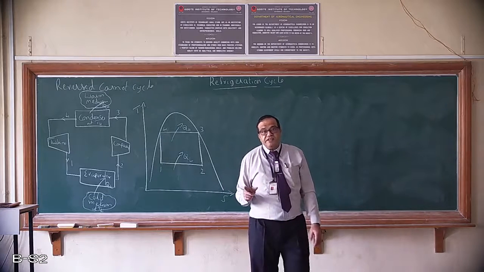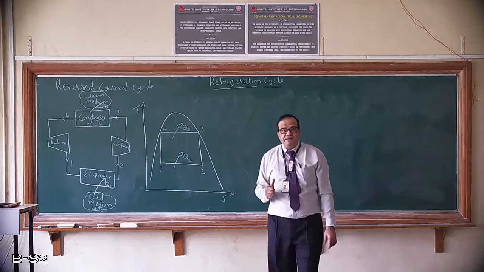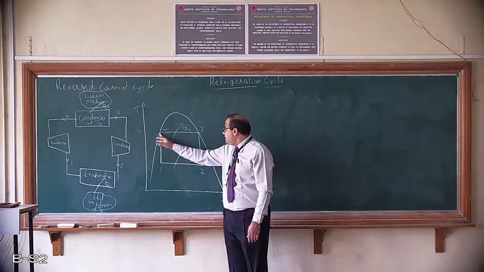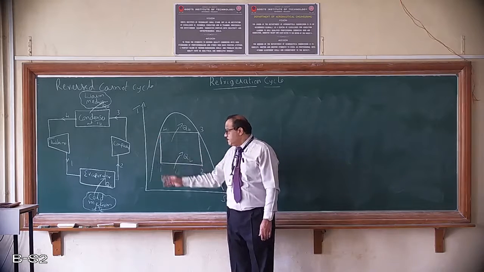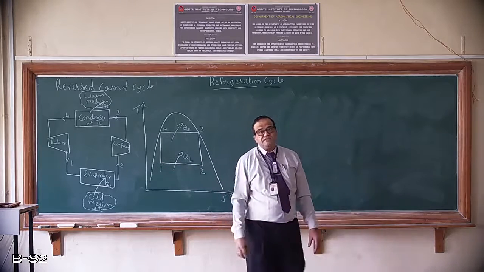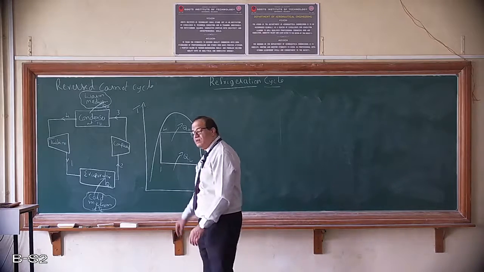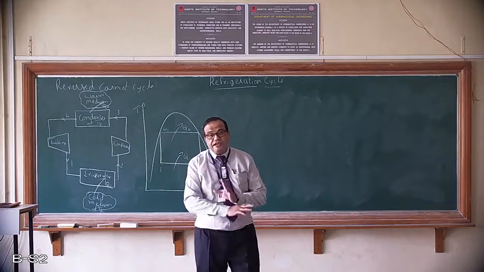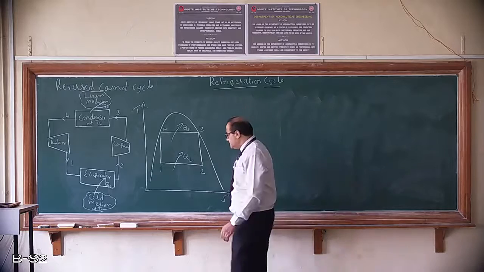That is, the dryness fraction should be more than 90% to use a turbine for the expansion process. Here it is 100% saturated liquid entering, then it expands to saturated liquid plus vapor. It's not feasible, so it fails. The reverse Carnot cycle cannot practically be used for a refrigerator because of practical constraints.